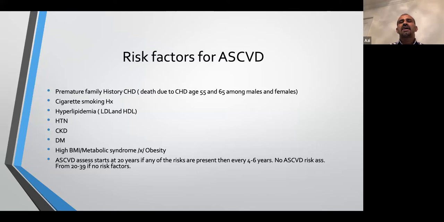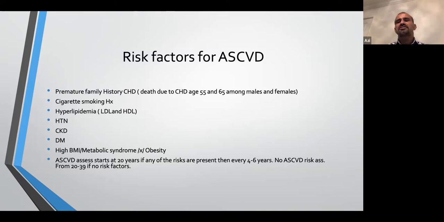That is obtained through history. Also, cigarette smoking, which we asked about when we took the history initially, and hyperlipidemia, LDL, HDL. These are labs that should be done when we first diagnose this gentleman with type 2 diabetes. He does have hypertension, CKD, diabetes mellitus, and high BMI.